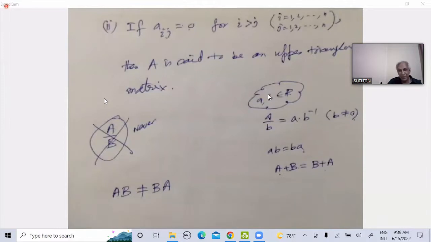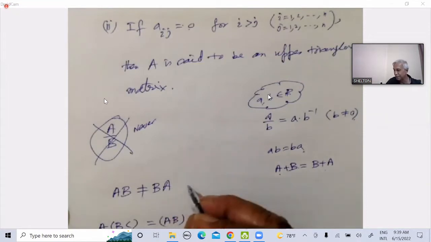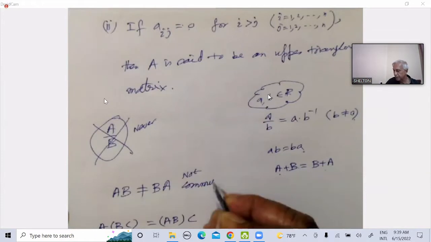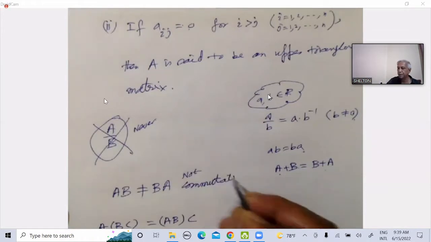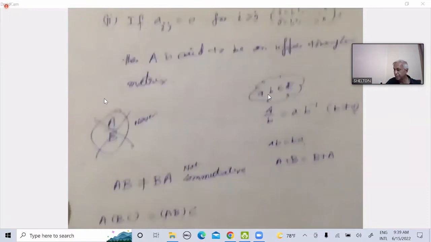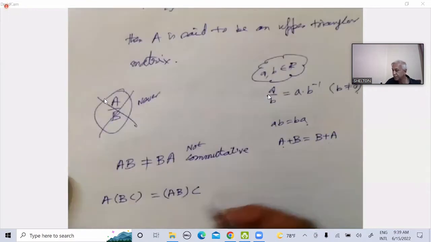But surprisingly, although AB is not equal to BA, A times BC is equal to AB times C. This is the commutative property, commutative, not commutative. What is not commutative? Matrix multiplication. But matrix multiplication is associative.